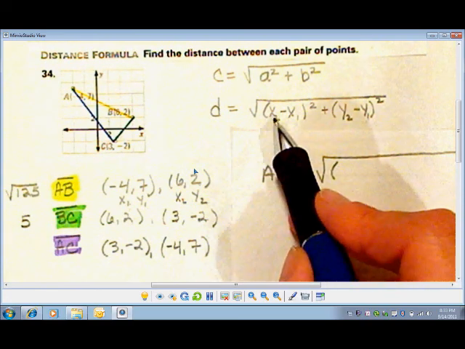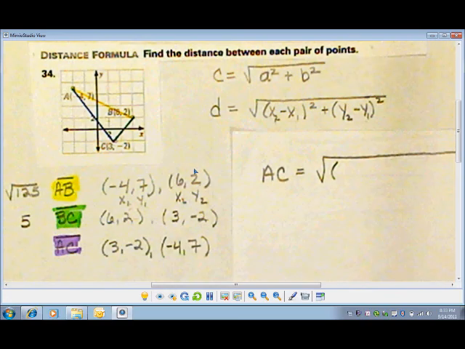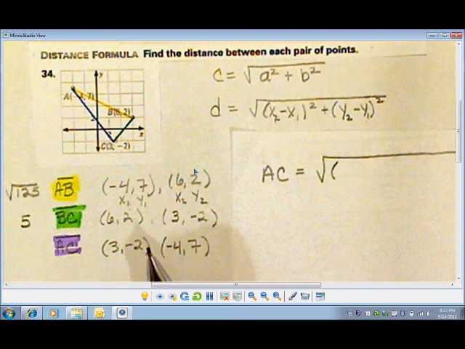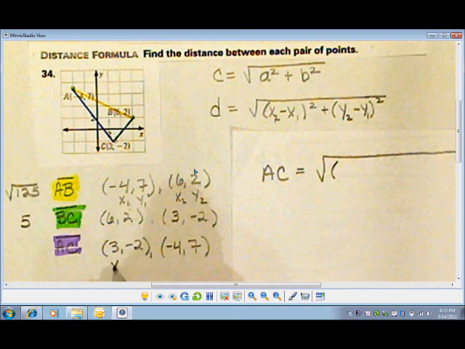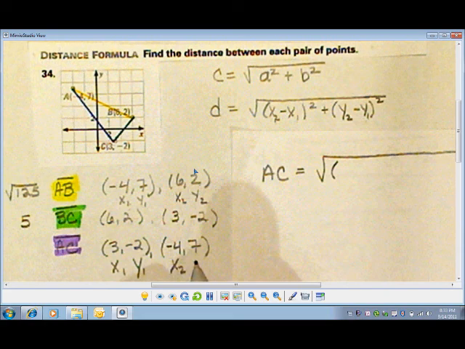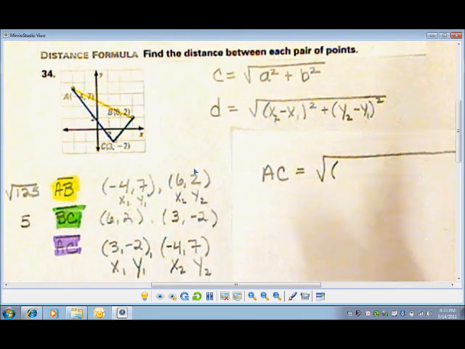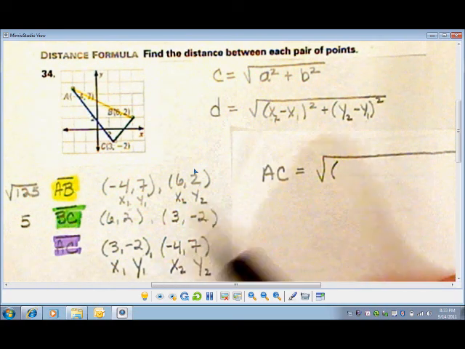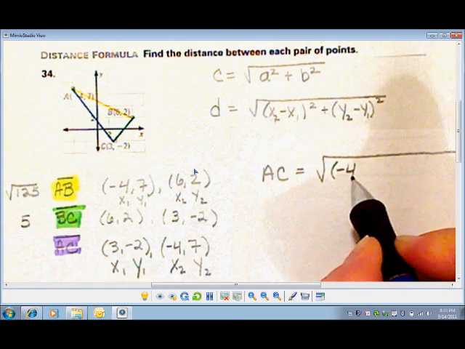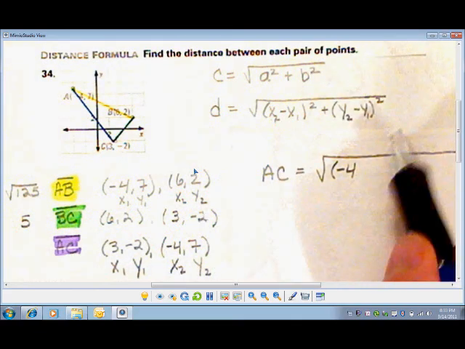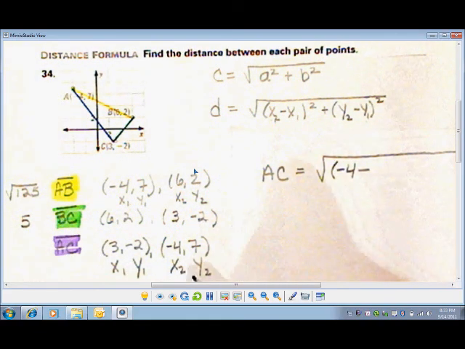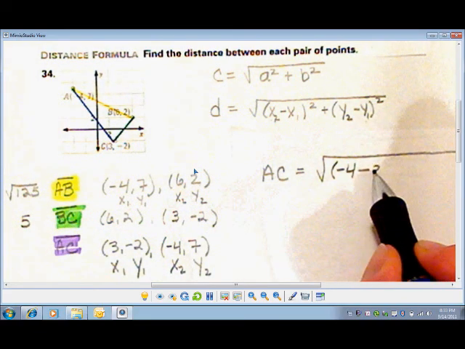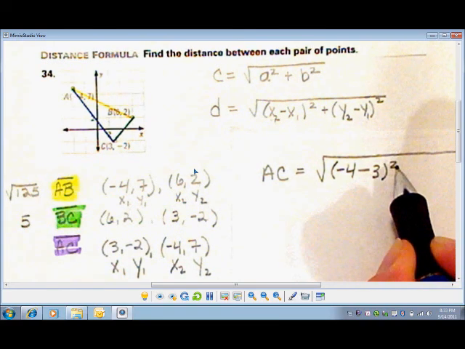So x sub 2, oops, I think I should label these because those labels are too far away. So this is x sub 1, y sub 1, x sub 2, y sub 2. Okay, so x sub 2 is -4 minus x sub 1, which is 3, and that's all squared.